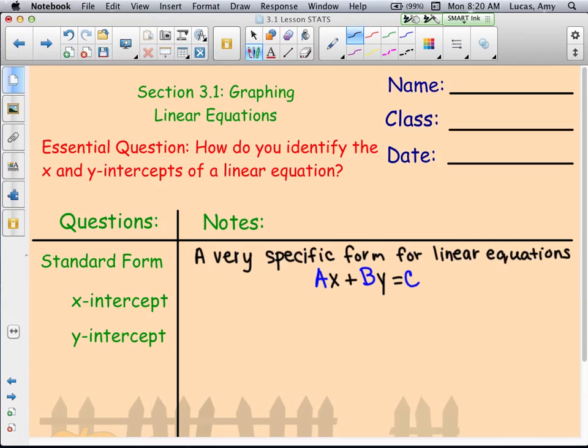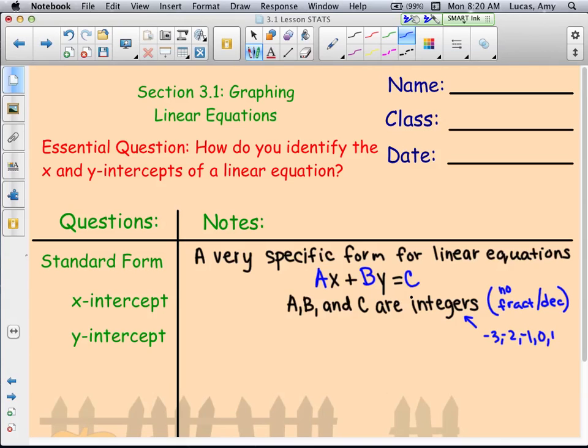And very specifically, a, b, and c are integers, so that means no fractions or decimals. Integers. So integers are like -3, -2, -1, 0, 1, 2, and so on. And a must be positive.